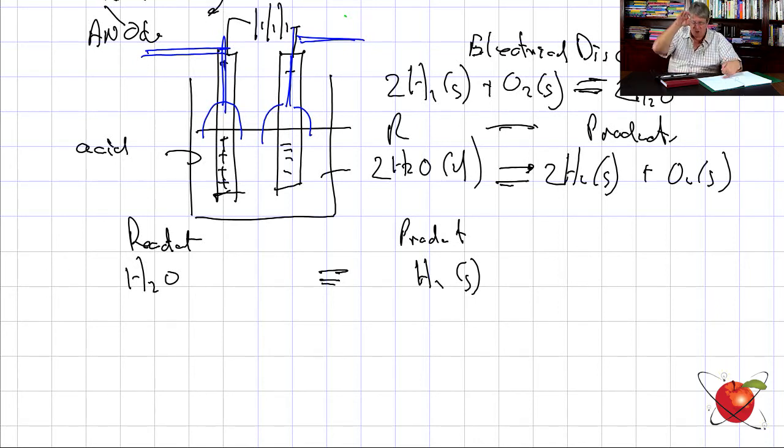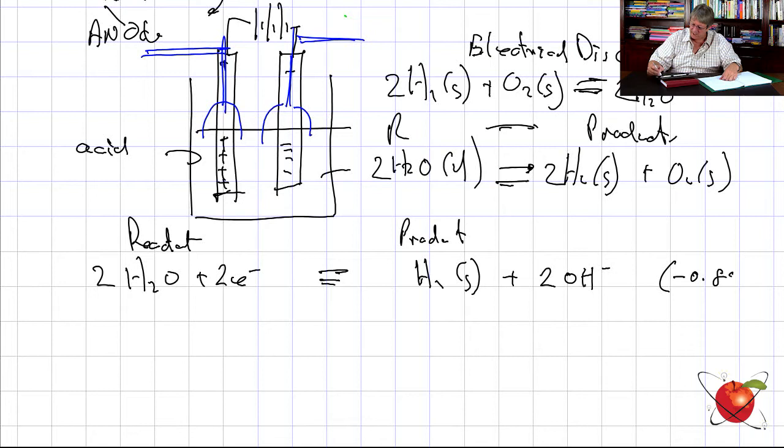Now, if you go and look at your half reactions, you will find this equation, 2H2O plus 2e minus going to H2 plus 2OH minus. This was a gas, the water, the electrons, 2OH minus, and you will find it at minus 0.83 volts. What am I saying?